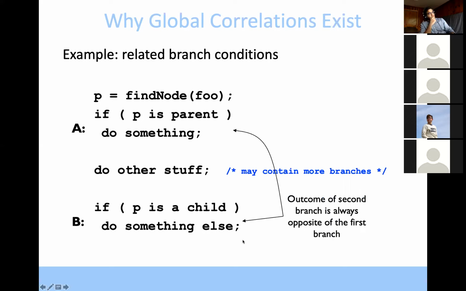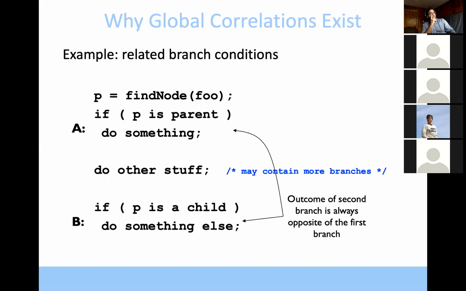The outcomes of these branches A and B are always the opposite of each other. So if the first branch is taken, the second branch is always not taken. So there's a global correlation because these two are different PCs, but they're dependent on each other, right? So this is kind of like an if else, although this is written as if.